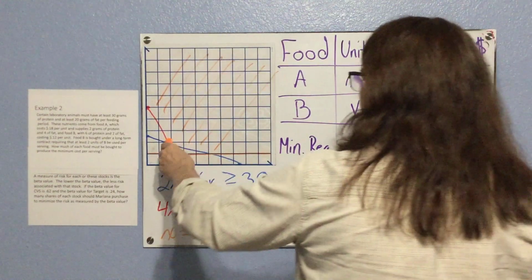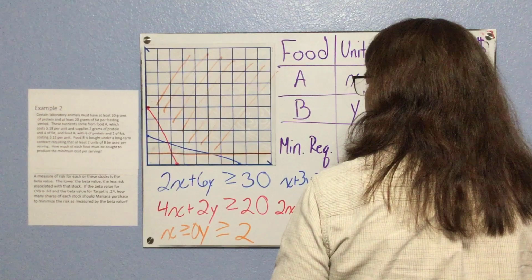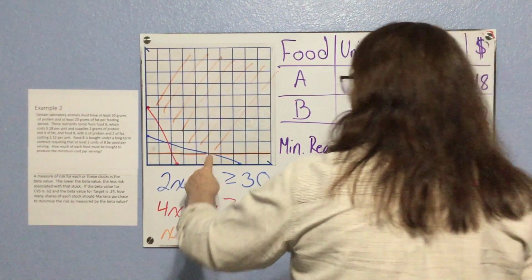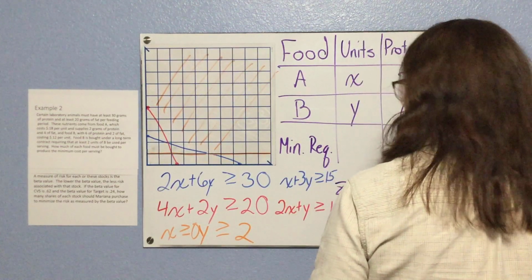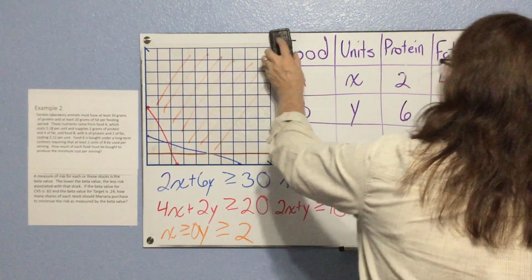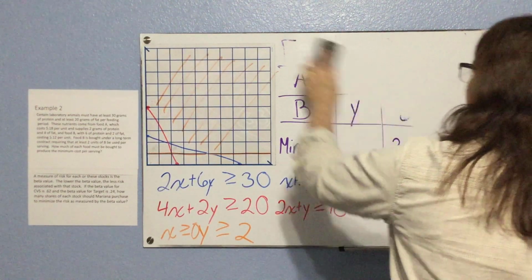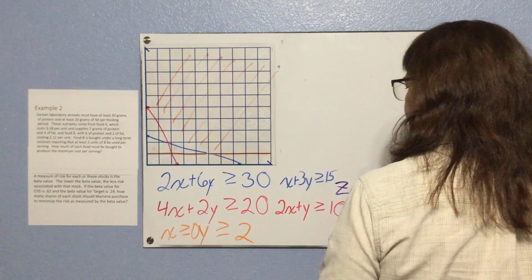But we need to know where these points are. Okay, obviously this point has a y-coordinate of 2. But let's look at what that means.